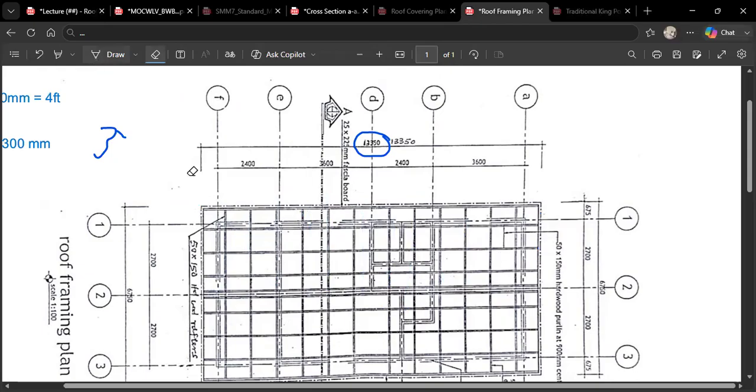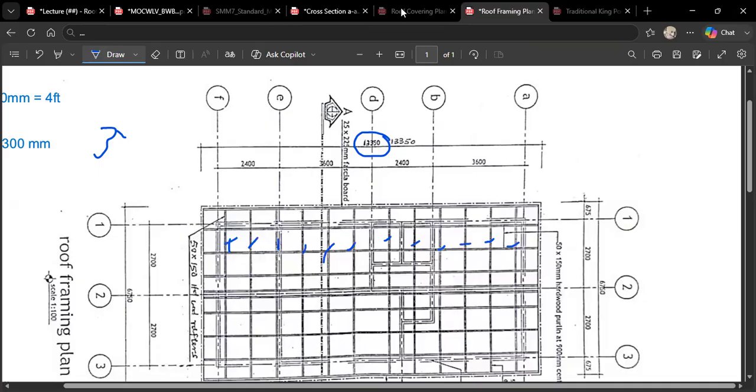So this is 1, 2, 3, 4, 5, 6, 7, 8, 9, 10, 11, 12. You see that it has reached 12. Very good. So that is it.